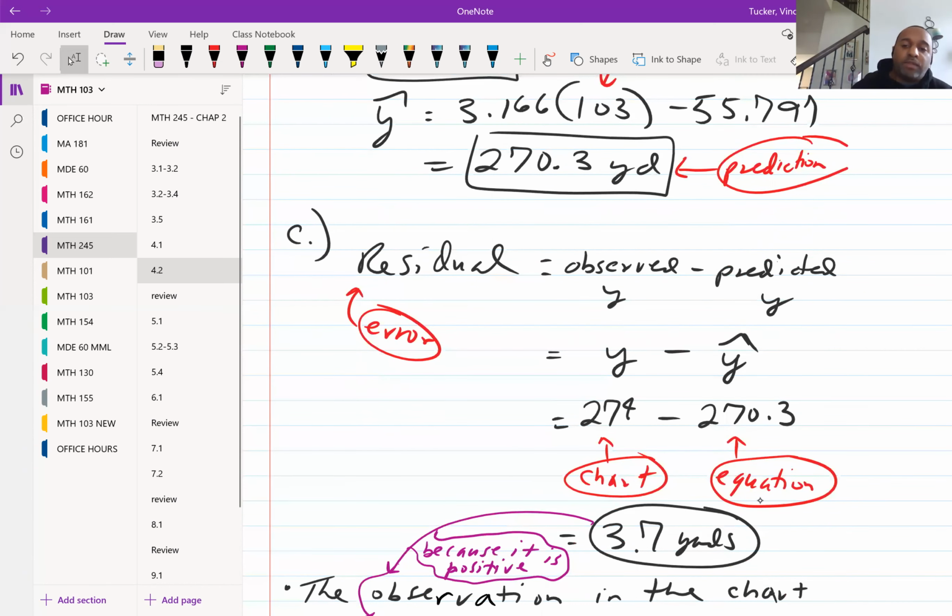And we get 3.7 when we subtract them. All right. Any problems? Any problems?